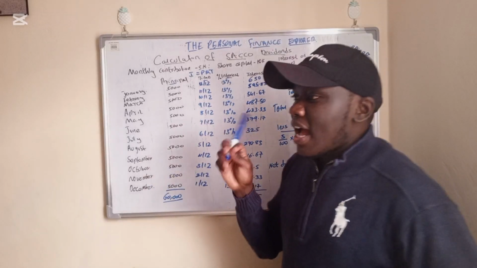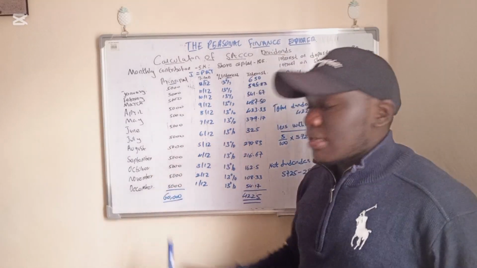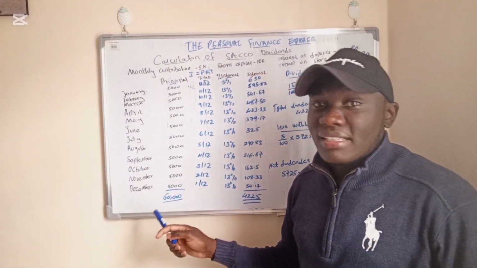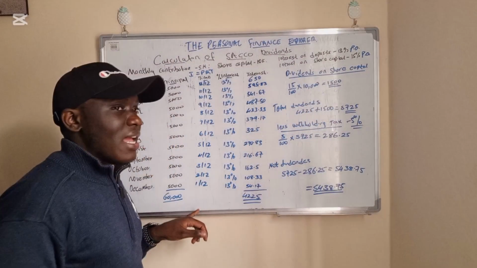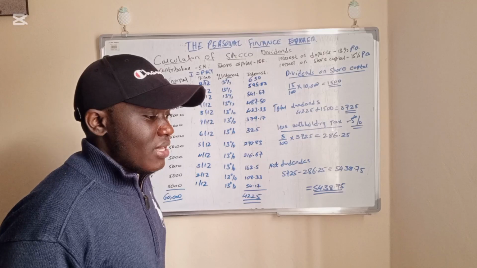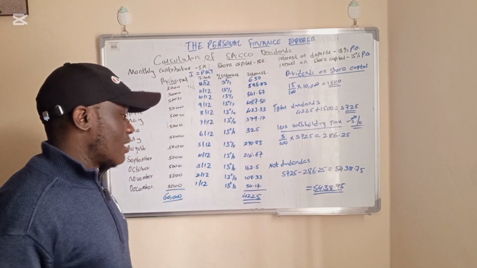If you have a need that requires you to have the 60,000, you cannot withdraw it unless you are leaving the SACCO. That is the challenge you have with SACCOs.